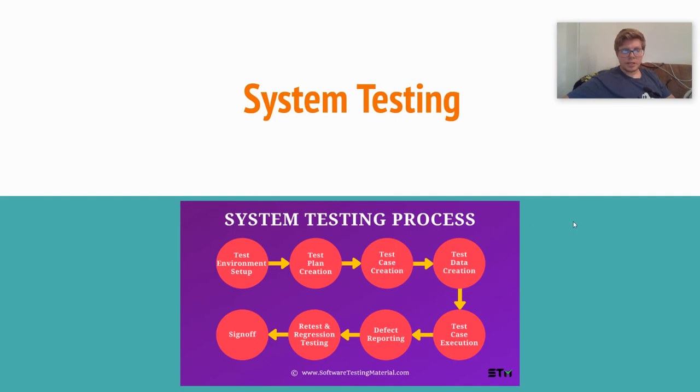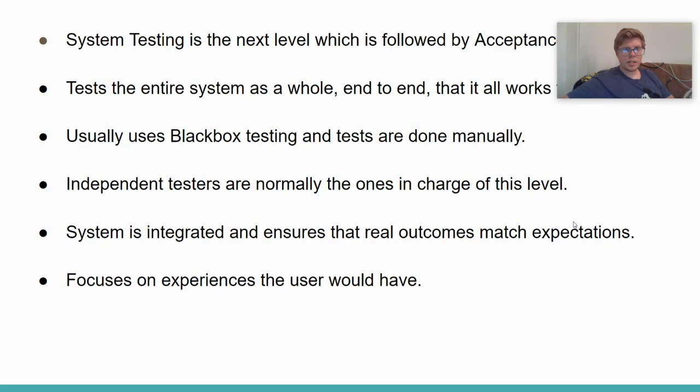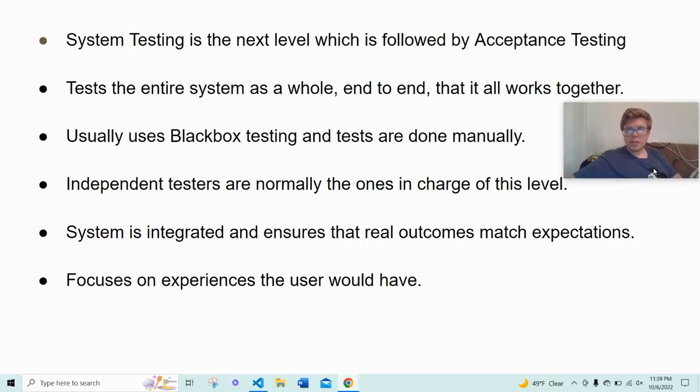And then you have system testing here. System testing is the next level, following which would be the acceptance testing, which we won't get into. But this tests the entire system as a whole, so after it is all integrated together.